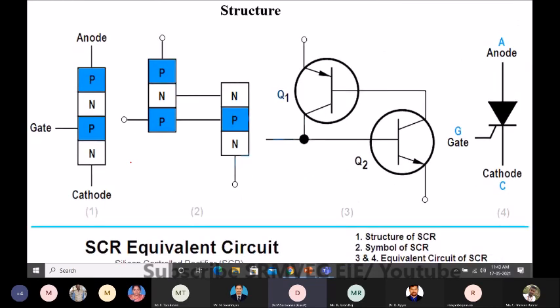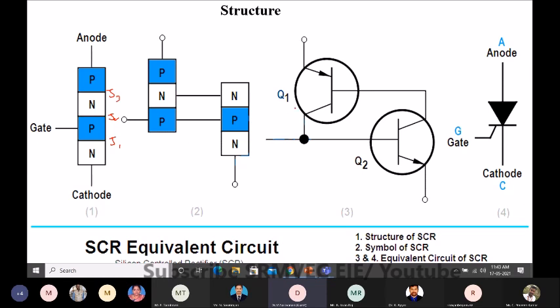Now coming to the second important component, what we call a thyristor. The thyristor is a 4-layer device, and we have different junctions, three junctions.